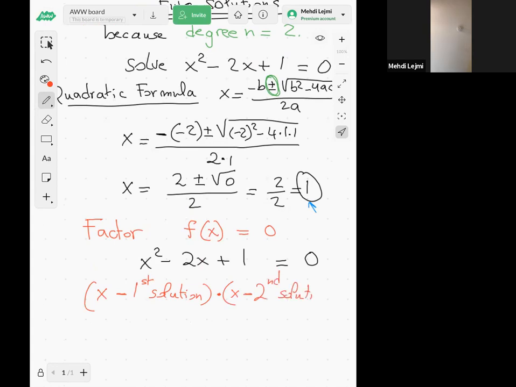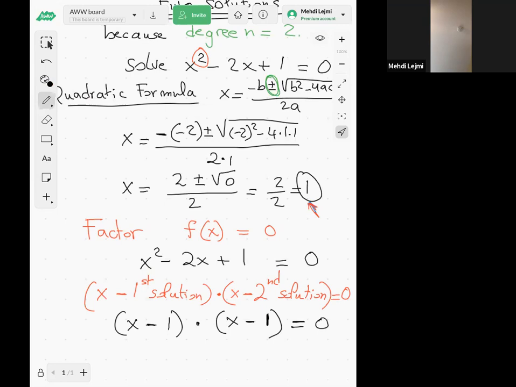Remember, guys, we're expecting two solutions, right? Because we have x squared. We expect two solutions. So when you factor, it means you have x minus the first solution times x minus the second solution equal to 0. But anyway, we know that our solution is 1, right? So this is actually x minus 1 times x minus again 1, because we have only one solution, which is 1, equal to 0.